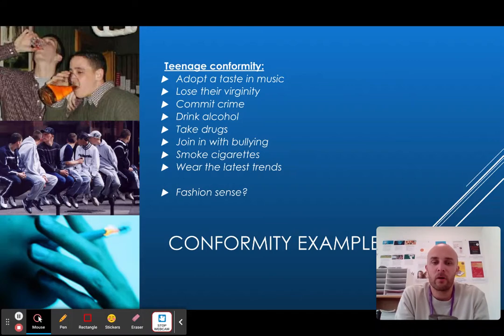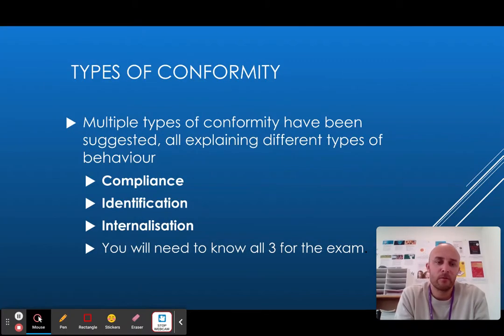Committing crime, drinking alcohol, taking drugs, joining rebellions, smoking cigarettes, and wearing the latest trends. Firstly, how much of those do you do? Secondly, how much of those that you do you actually want to? The point we're going to be talking about here is that teenagers in particular give in to conformity quite a lot.